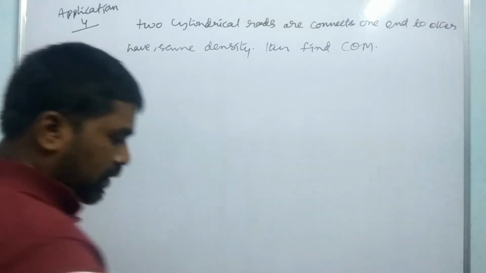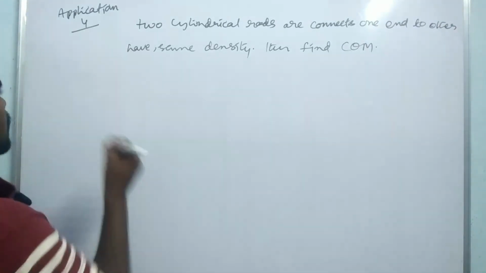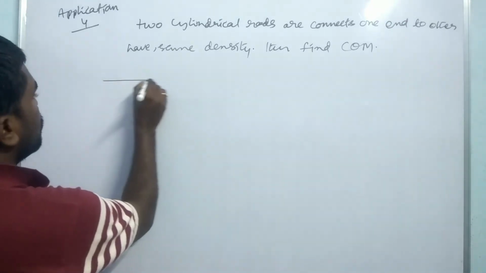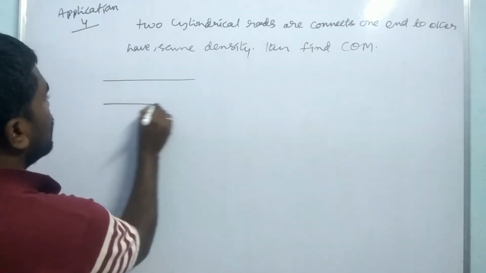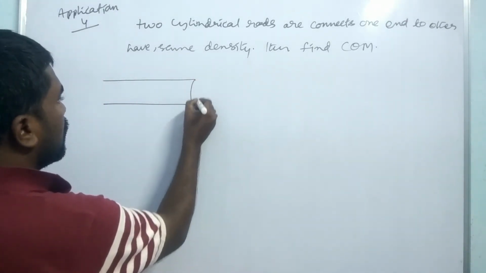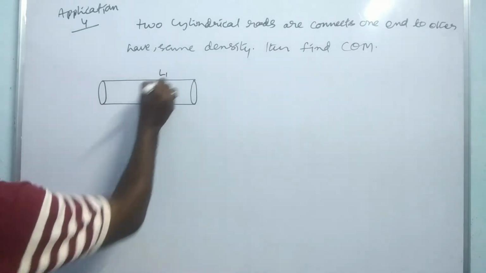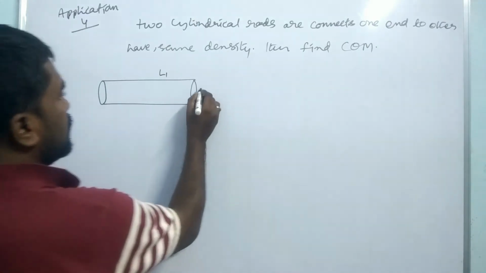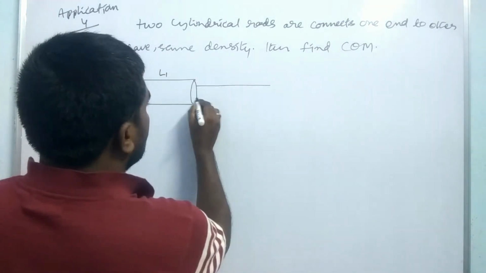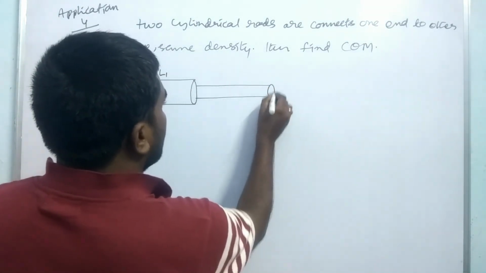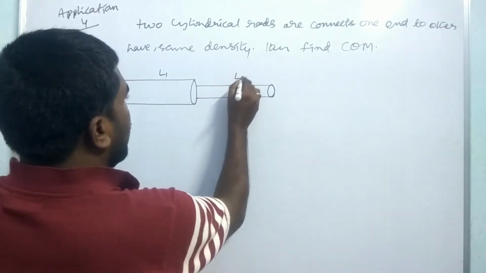Now here two cylindrical rods are connected as follows. This is one of the cylindrical rods, having the length L1, and this is the other cylindrical rod which is having the length L2.